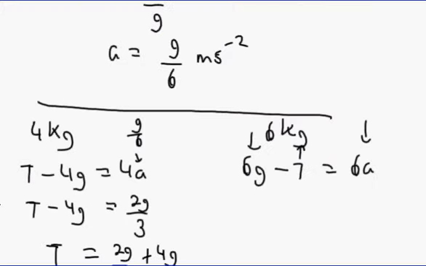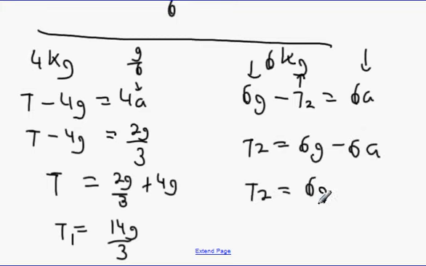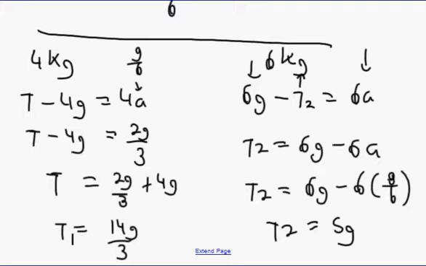T1. And then for T2, T2 is going to be 6g minus 6a, which is going to be T2 equals 6g minus 6 times g over 6. And this in turn gives me T2 equals 5g. And that there is a full question.